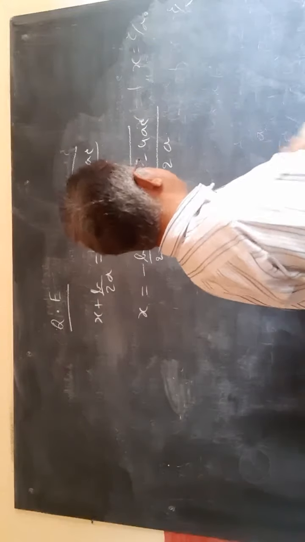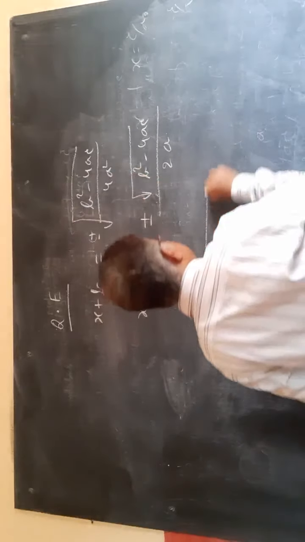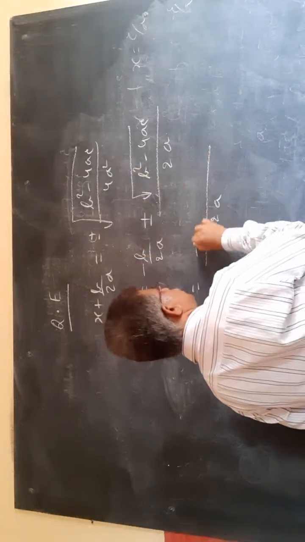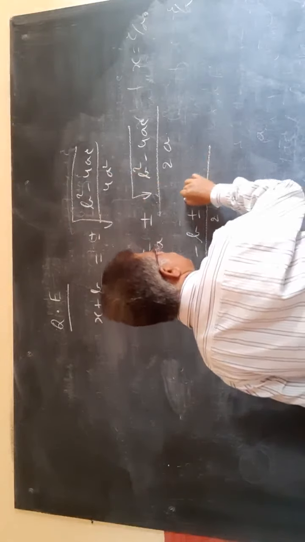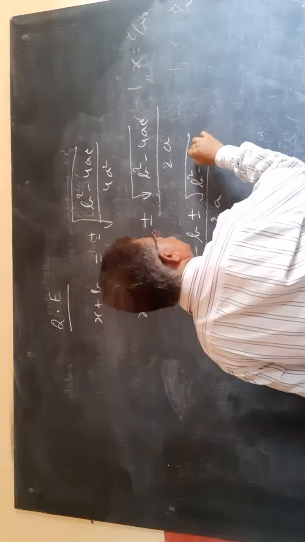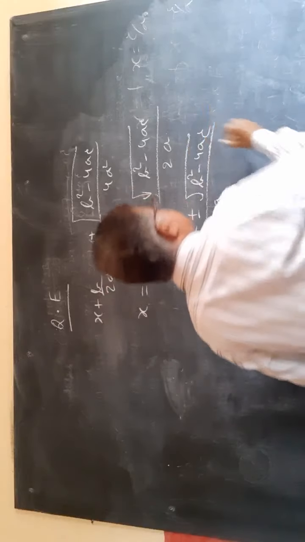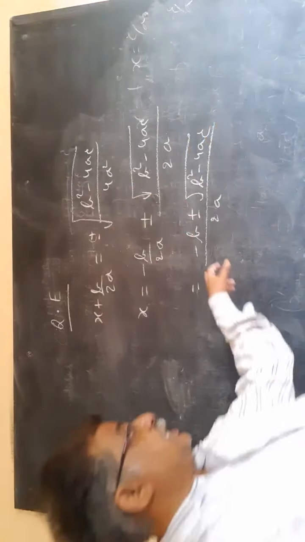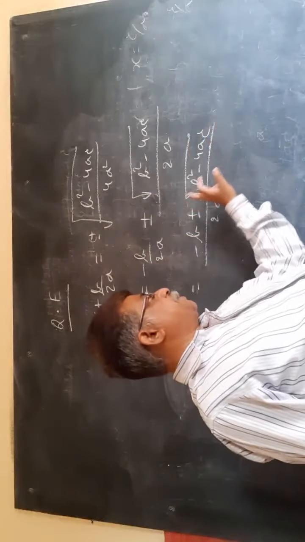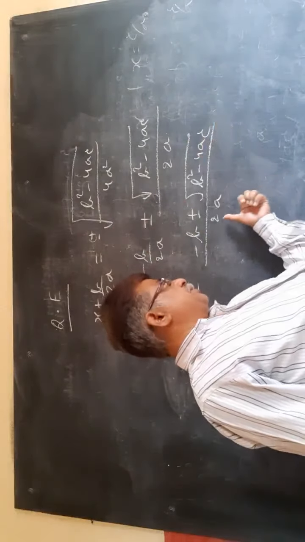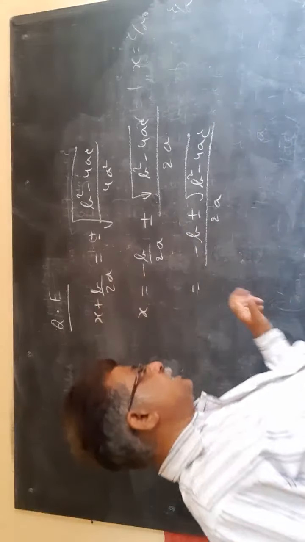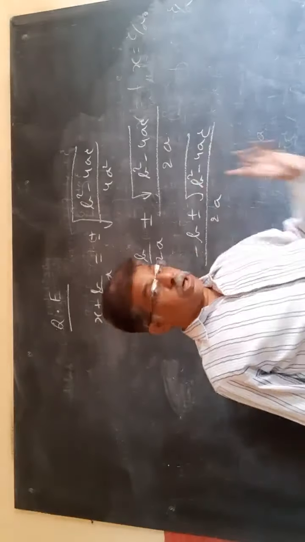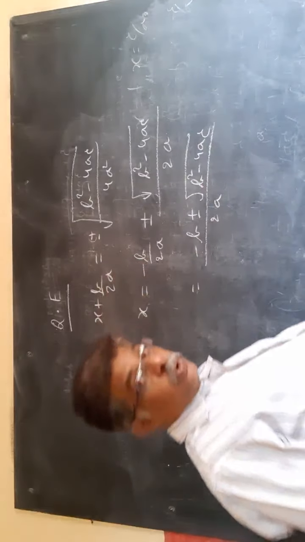Now this becomes minus b plus or minus root of b square minus 4ac. If you observe, there are the two roots. One is minus b plus root of b square minus 4ac by 2a, and the other is minus b minus root of b square minus 4ac by 2a.